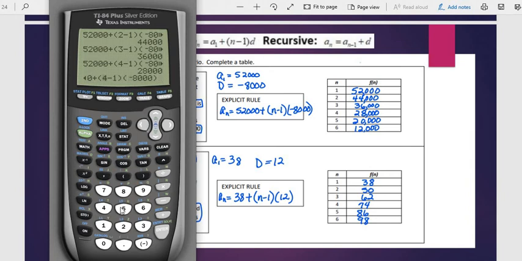The 5th year, and it's 20,000, and then this last year is, after 6 years, you will have 12,000. Now, you can work this one by one, just like we did.